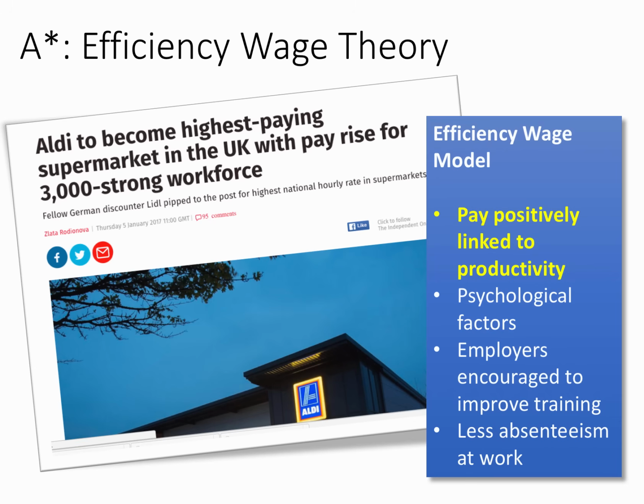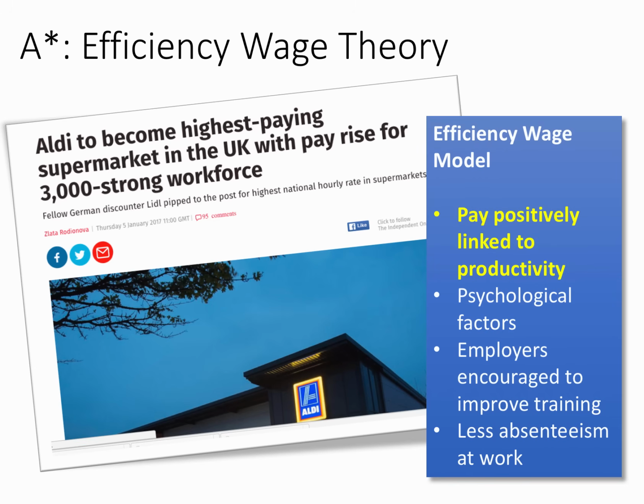If you pay people better, they feel better about themselves and about their job. They take fewer days off work, for example. They tend to work a little harder because if they lose a well-paid job, they may not get a better one elsewhere. But crucially, if you pay higher wages, then employers are also encouraged to improve the human capital of their workforce, improve training to lift productivity.